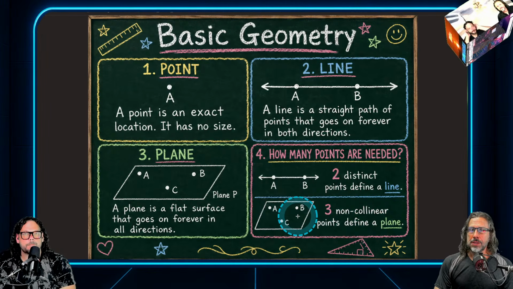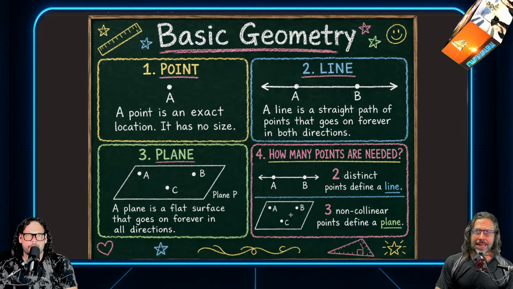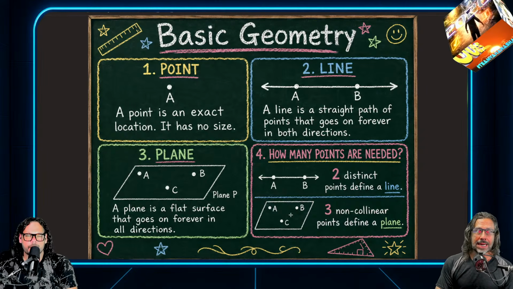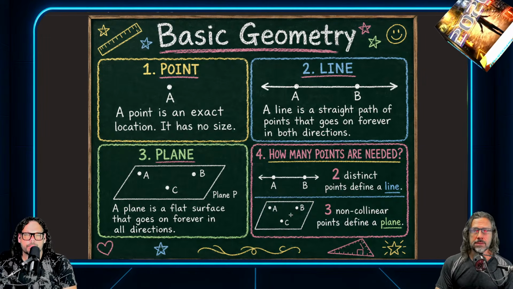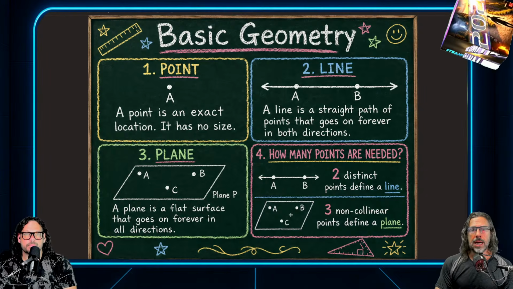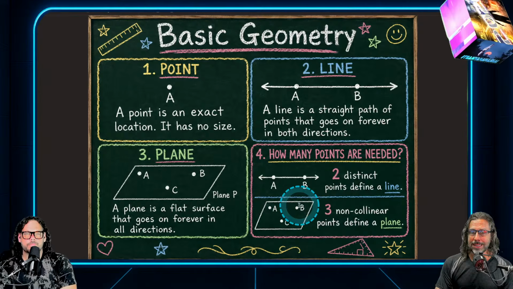So you can start seeing that a plane, albeit two-dimensional, if you were looking at it side on or straight down from different perspectives, is going to be two-dimensional, but it requires that third point in order to define it as a plane.